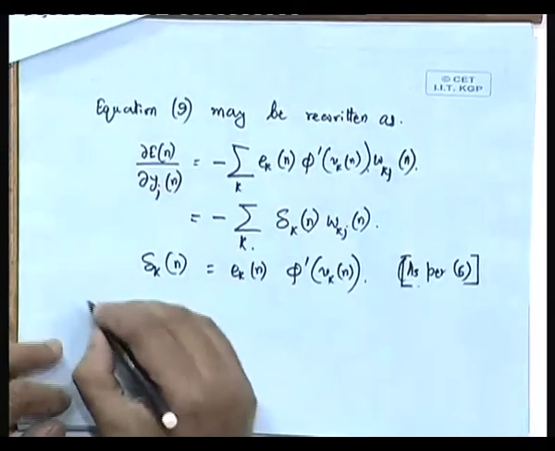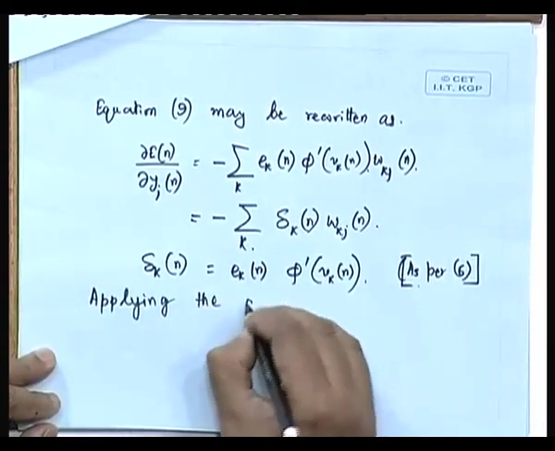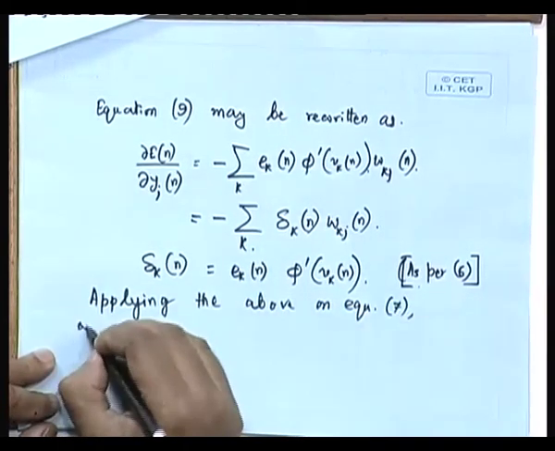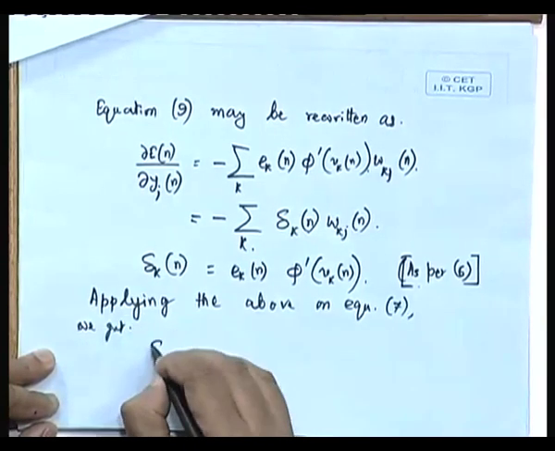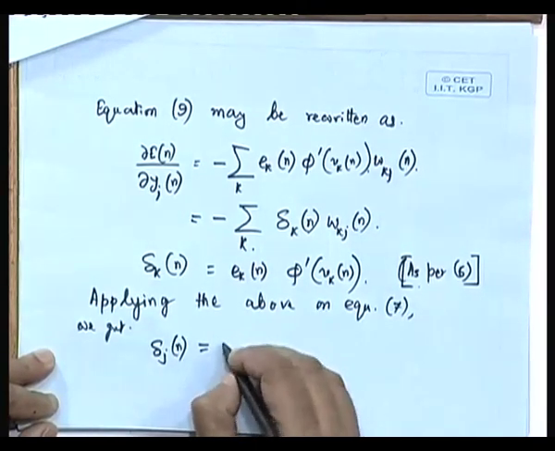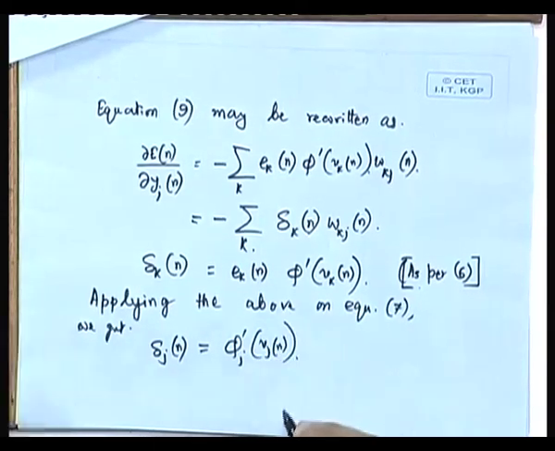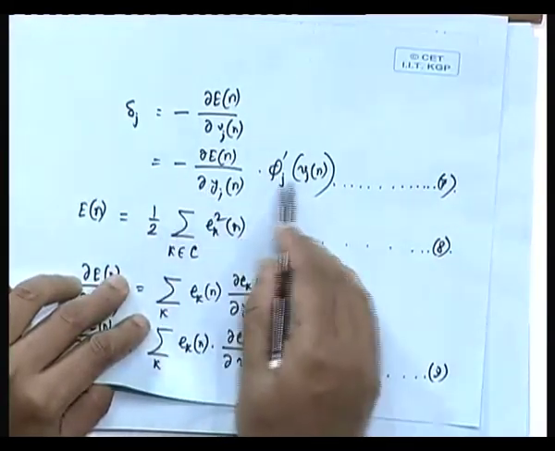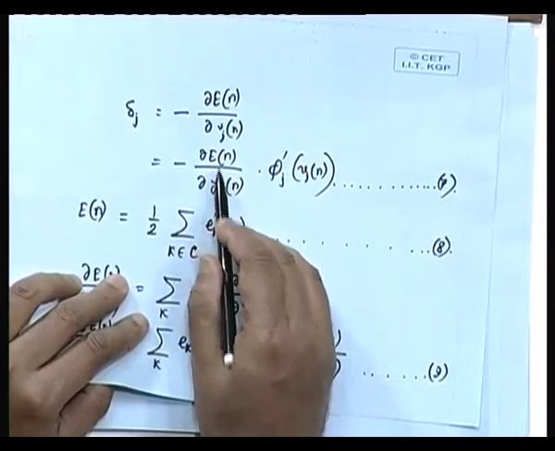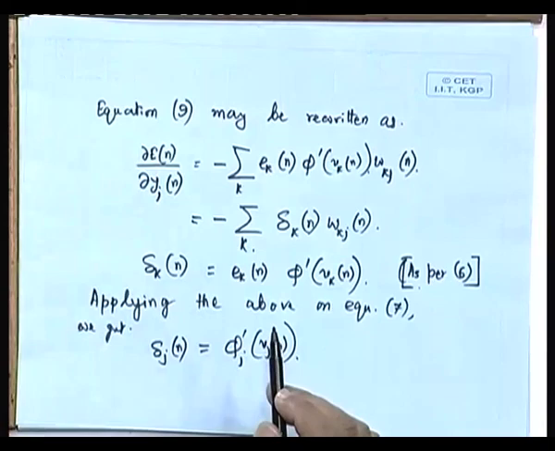Applying the above on equation 7, we get delta J. In fact, we should write delta Jn itself, that is equal to phi dash of j into Vjn, the term that is already existing with us, phi dash j Vjn, and we have dou En dou Yjn.